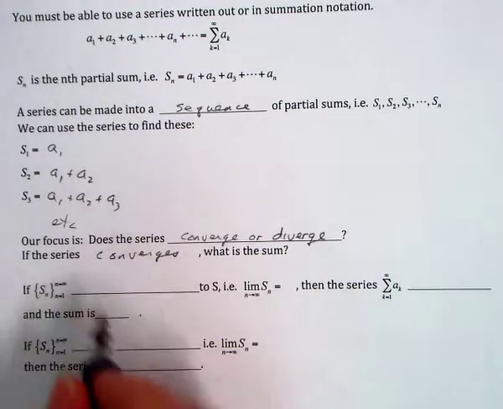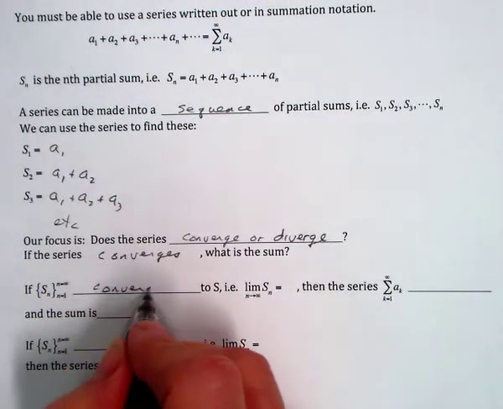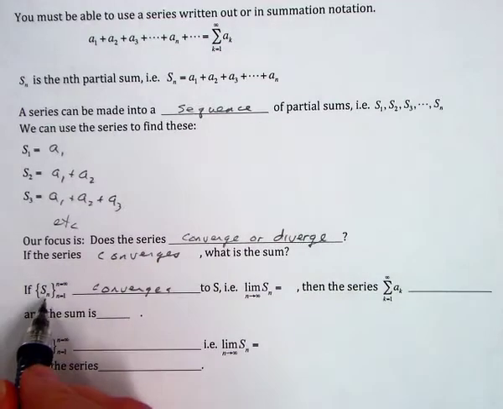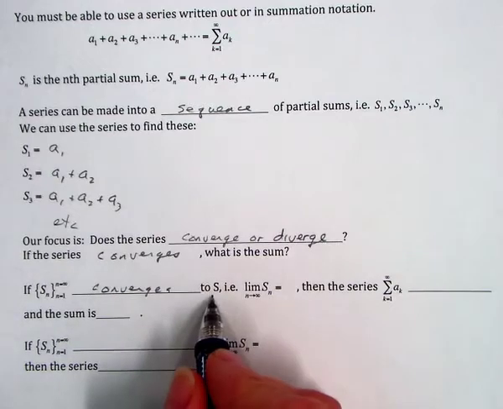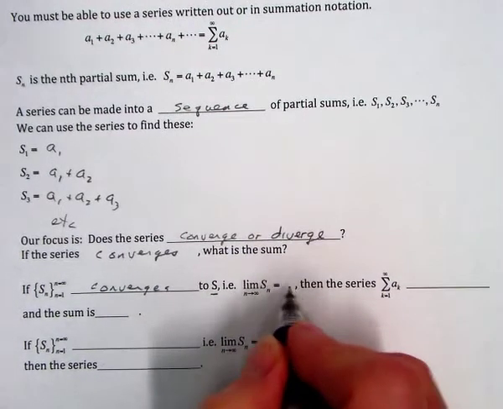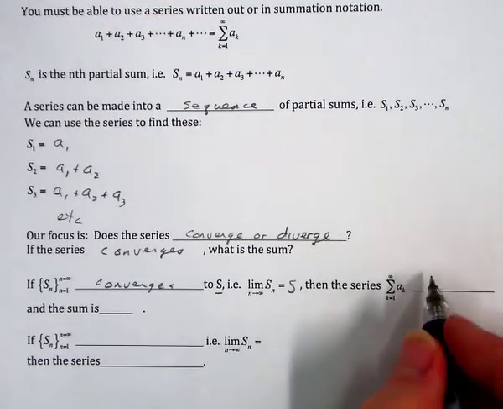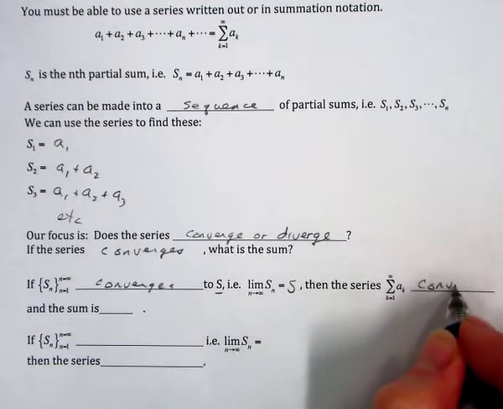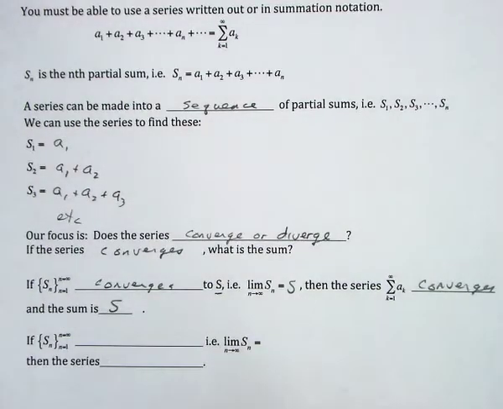All right, so if we look at this, and this is just the notation, we're talking about the nth partial sum from n equals 1 to infinity. It converges to s, i.e. the limit as n goes to infinity of s sub n is s. Then the series converges. And the sum is s.